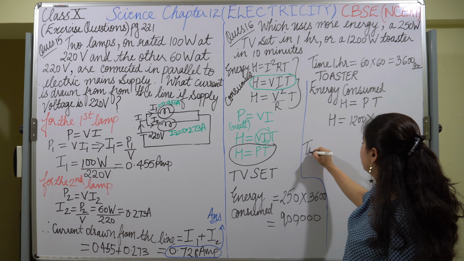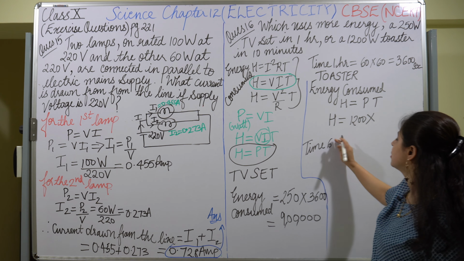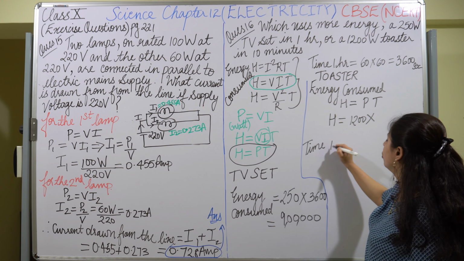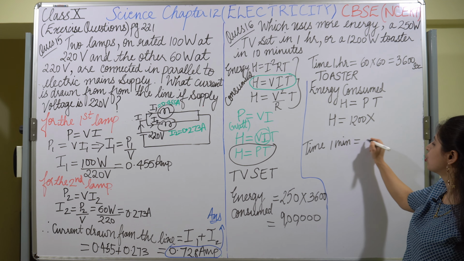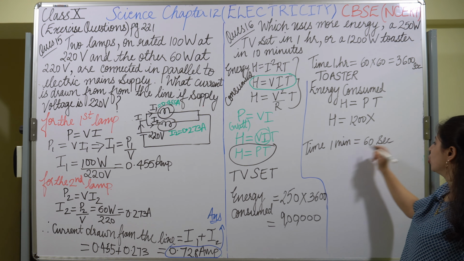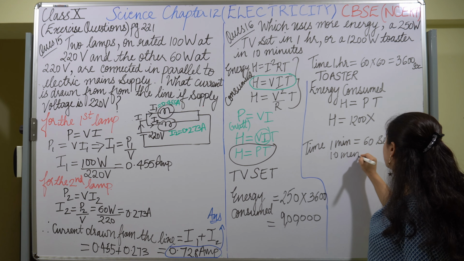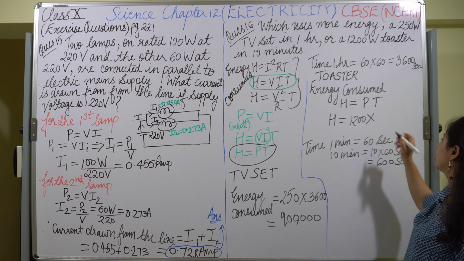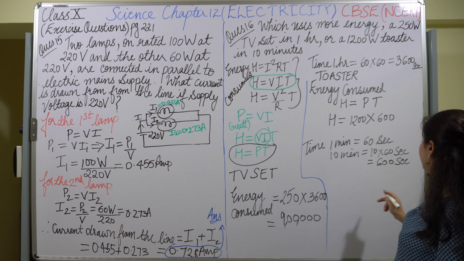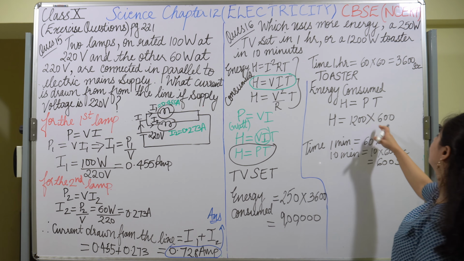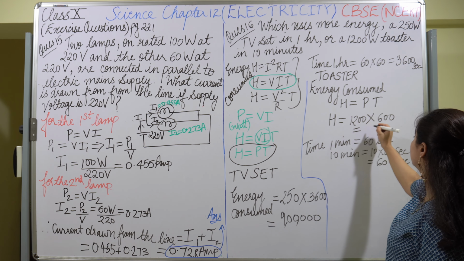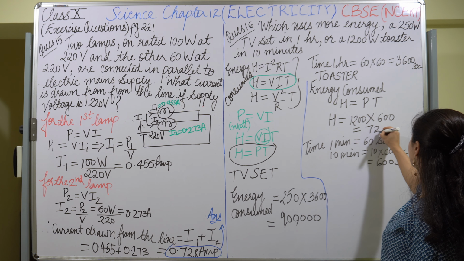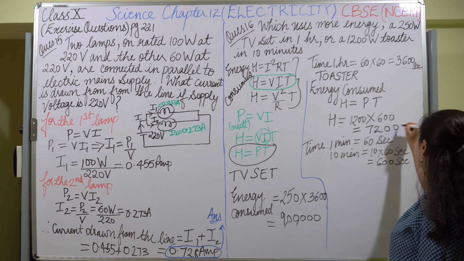We know 1 minute is equal to 60 seconds, so 10 minutes will be equal to 10 into 60 seconds, that will give us 600 seconds. Okay, so we'll put the value of time in seconds over here, and we will get 720000.